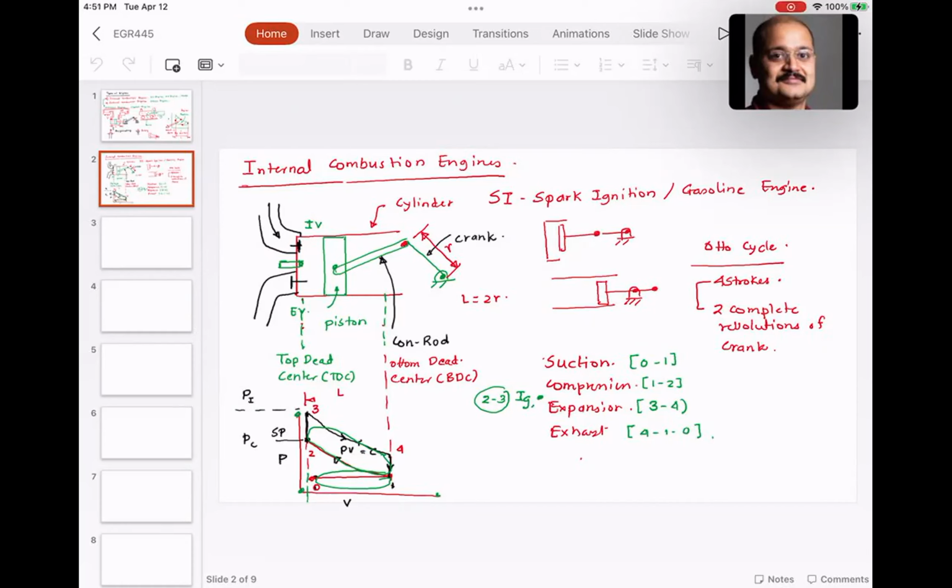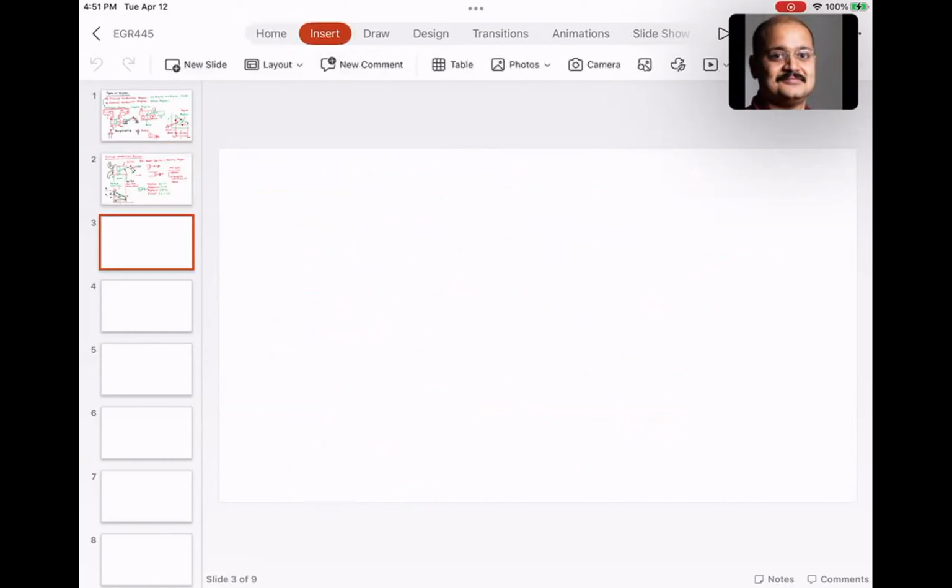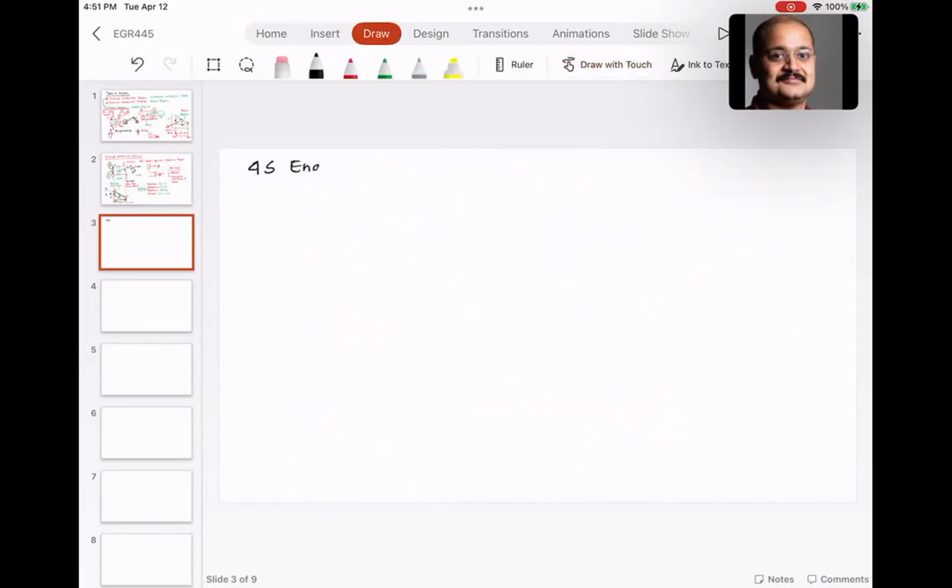How would you know if an engine is a 2-stroke or a 4-stroke? 4-stroke engines would have valves, and 2-stroke engines have ports. So that's why the two-stroke engines are easier to construct, cheaper to manufacture, and inexpensive, and they last a lot.